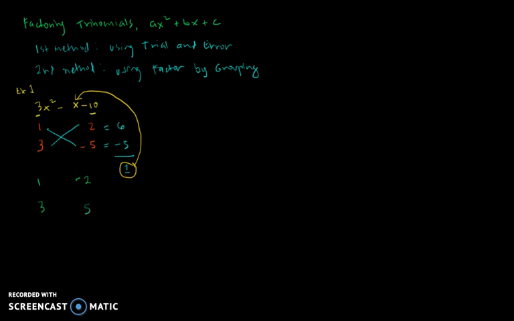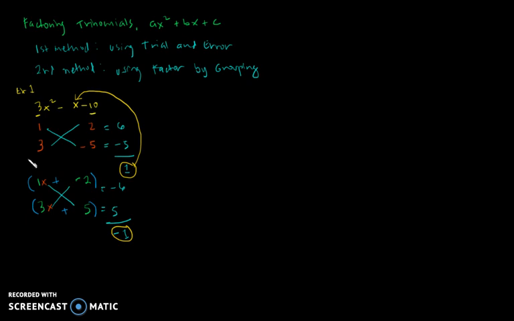Again, cross multiply. This will become 1 times 5, that is 5, then 3 times negative 2, that is negative 6. Then I'm going to add these two and I'll get a result of negative 1. Negative 1 is what we're looking for, since the middle term is negative x. Now I'm going to get the factors and add a variable x here.